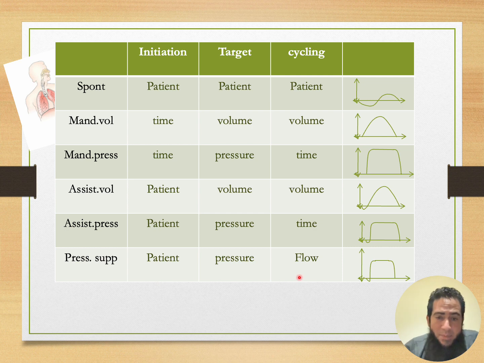So the cycling mechanism is by flow. Initially the machine measures the initial flow. For example, if it is 80 or 100 liters per minute, once the flow slows down to 25% of the initial, in most machines 25% of the initial flow velocity, the machine stops and exhalation is allowed, and that makes it more controllable by the patient.